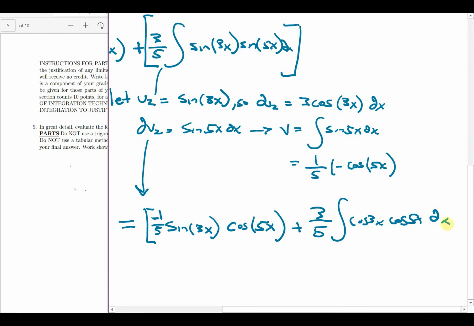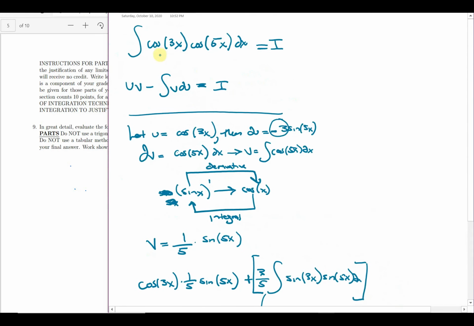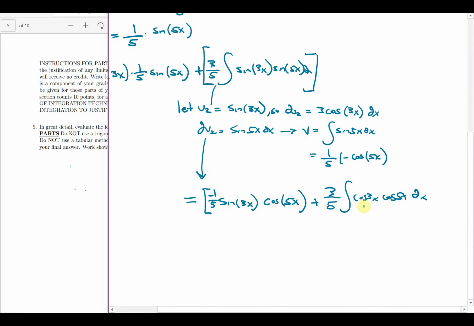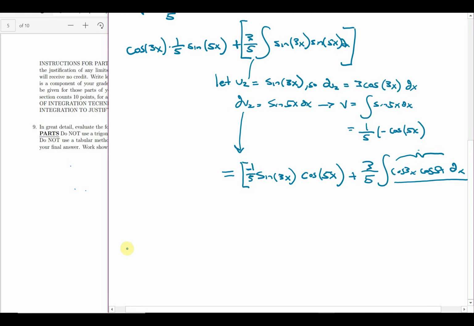So notice here, we have our original integral that is cosine 3x cosine 5x dx. And now notice here we have cosine 3x cosine 5x dx. So this whole term is equal to the integral. So therefore, we're putting it all together. The initial term was cosine 3x times 1/5 sine 3x.